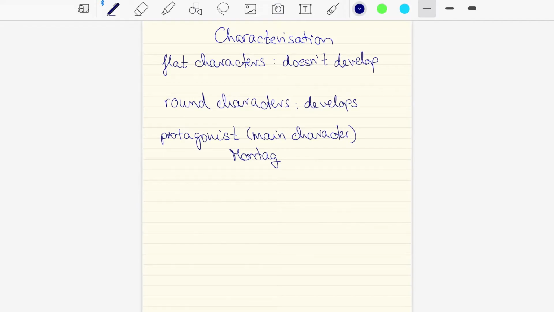A character can be presented by direct and indirect characterization, and you have maybe already heard about that. The question is, what is the difference between direct and indirect characterization?